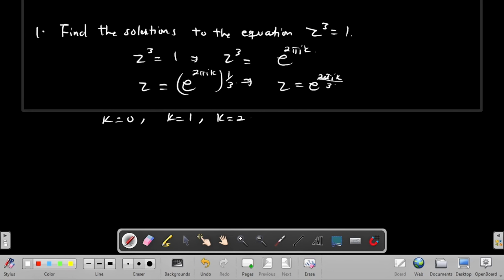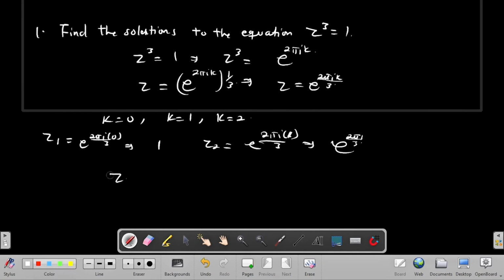So when k is equal to 0, our z1 becomes e to the power 2 pi i times 0 over 3, which is the same as what? 1. So everything here becomes 0, e to the power 0 is 1. My z2 is simply equal to e to the power 2 pi i, my k is 1, right? All over 3. So this gives e to the power 2 pi i over 3.